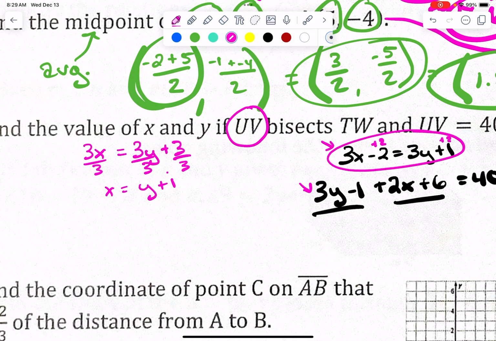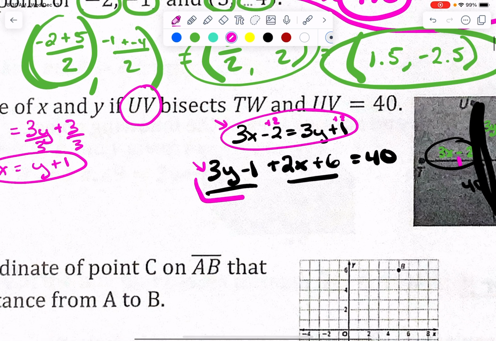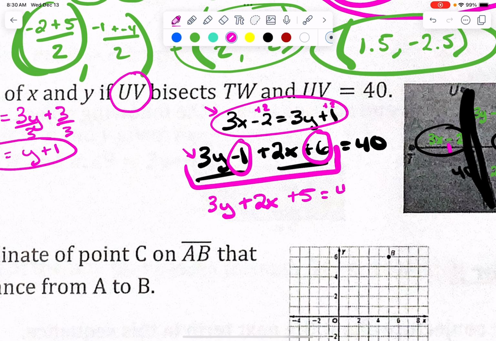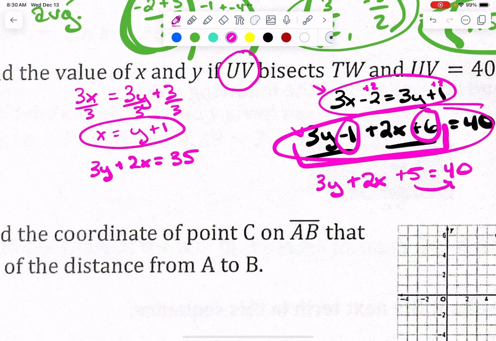That's what my x is going to be. Down here, I have 3y plus 2x, and I'm putting those together in order. Then I have negative 1 and 6, which makes 5, equals 40. If I move this 5 to the other side, 3y plus 2x equals 35. I was just simplifying this equation.